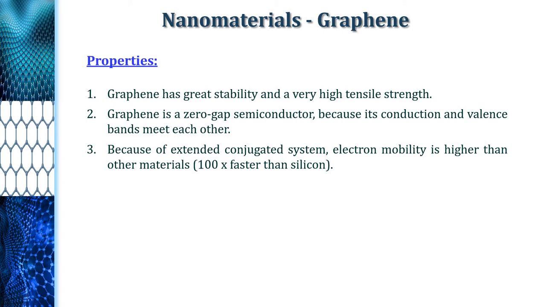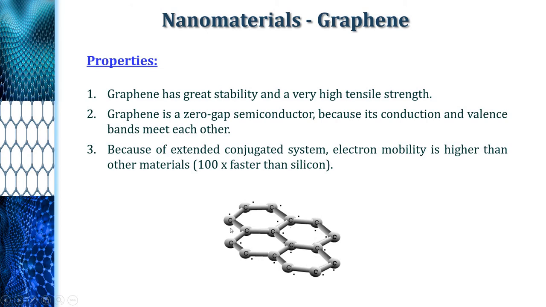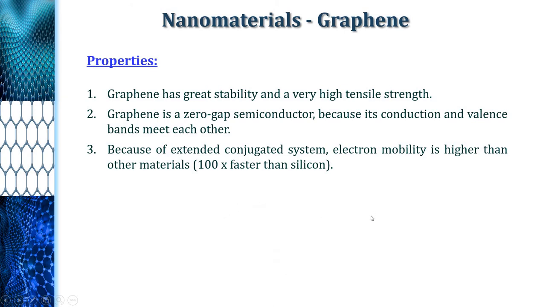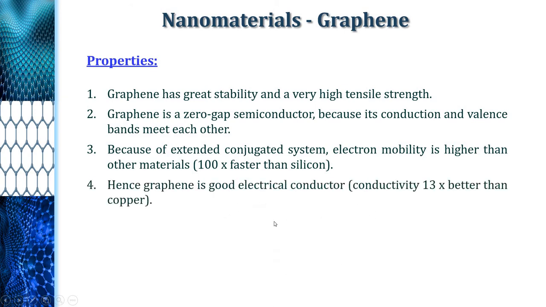They can move throughout the structure, and the electron mobility is higher than in other materials. You can see the electrons in graphene moving at a faster rate. Hence, graphene is a good electrical conductor with conductivity 13 times better than copper.